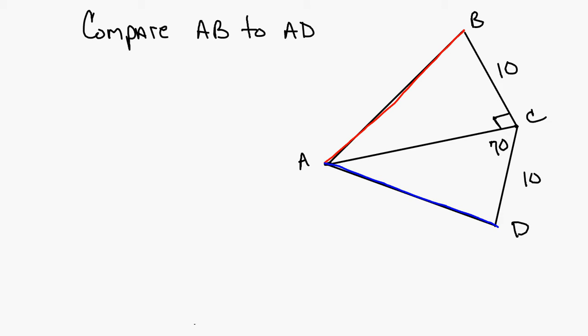And didn't the theorem say that the longer side will be opposite the larger angle? Okay, so what's larger, 90 or 70? 90. So wouldn't side AD be less than side AB? That's the comparison.